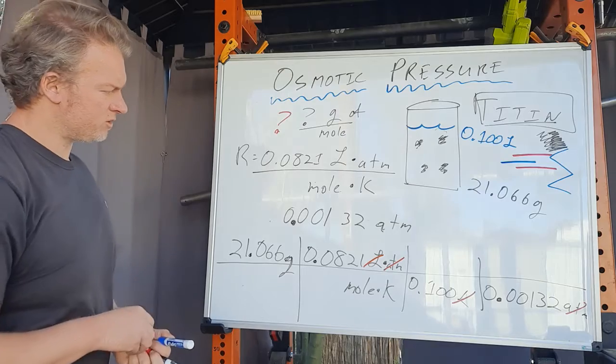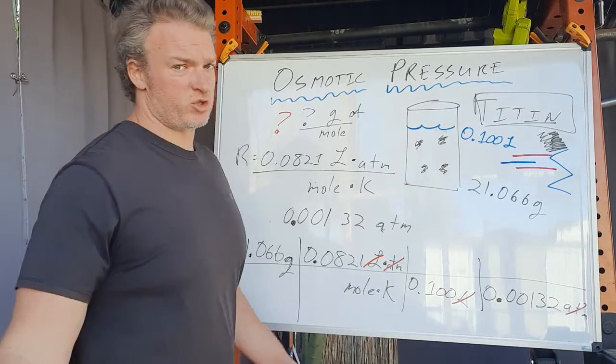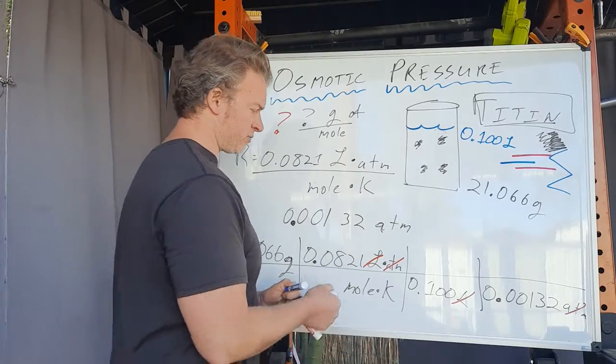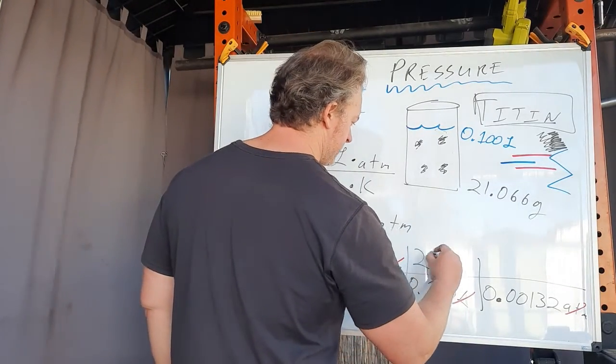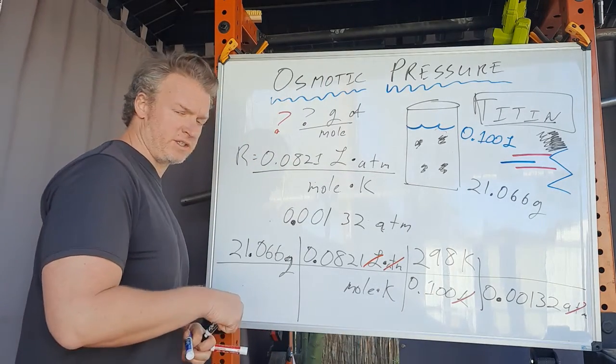That cancels out. The only unit left is Kelvin right here. This was done at 25 degrees centigrade. That's given to you in the problem. So 298 Kelvin, converting Celsius to Kelvin.